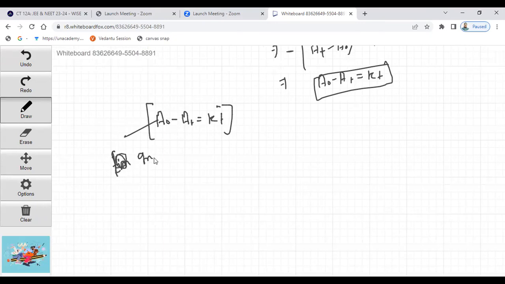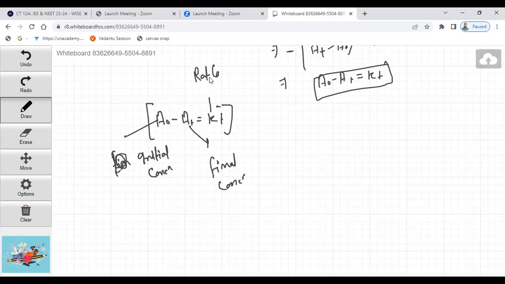At is the final concentration. K is the rate constant. And t is the time taken.